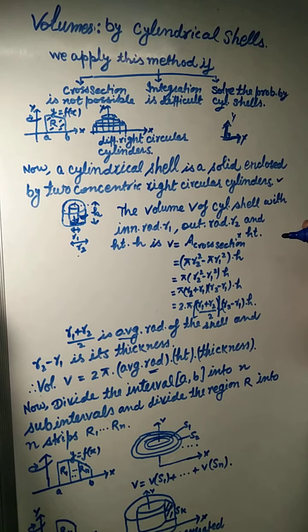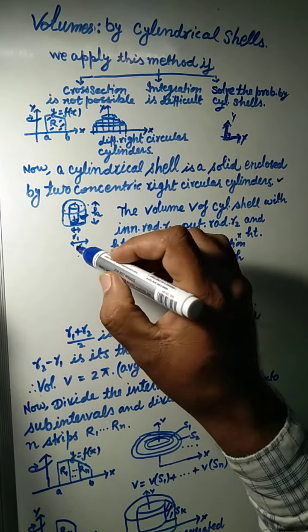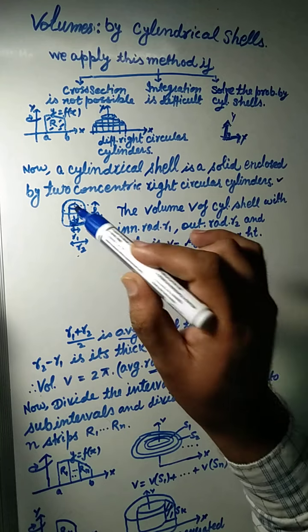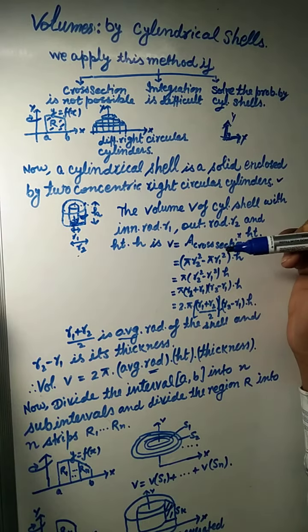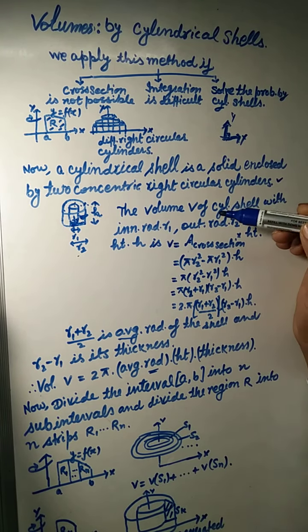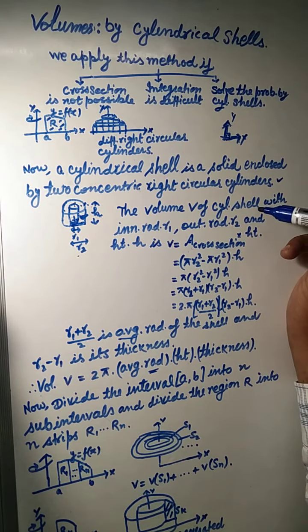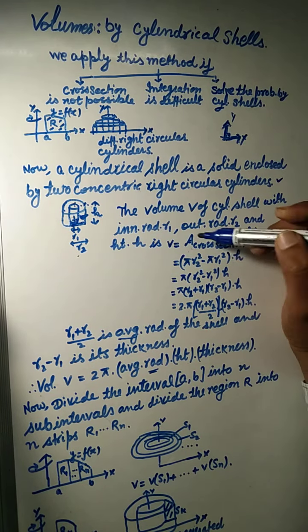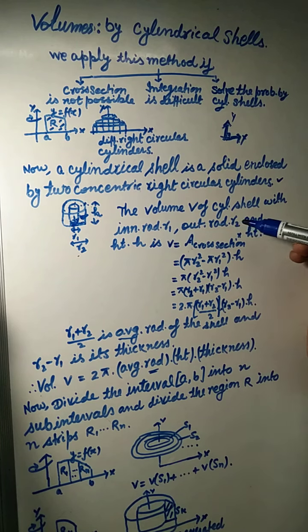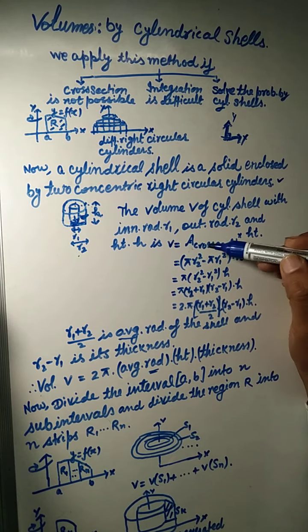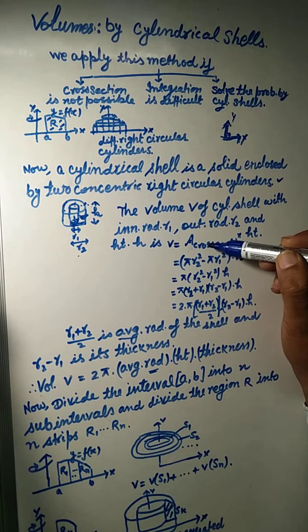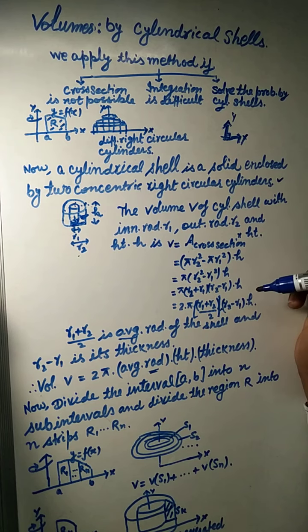Now, if we have two concentric right circular cylinders of radius, this is R1 and this is R2, and height is h, then the volume V of the cylindrical cell with inner radius R1 and outer radius R2 and height h is V, this is volume, equals area of cross section times height.